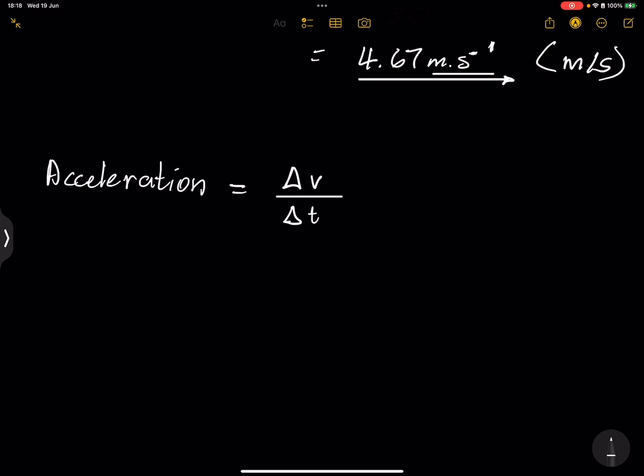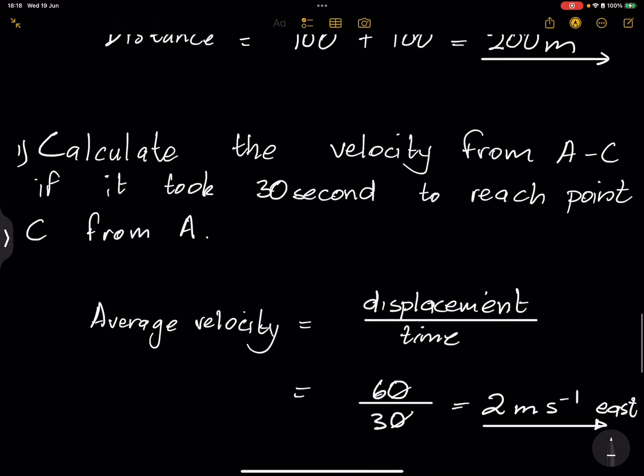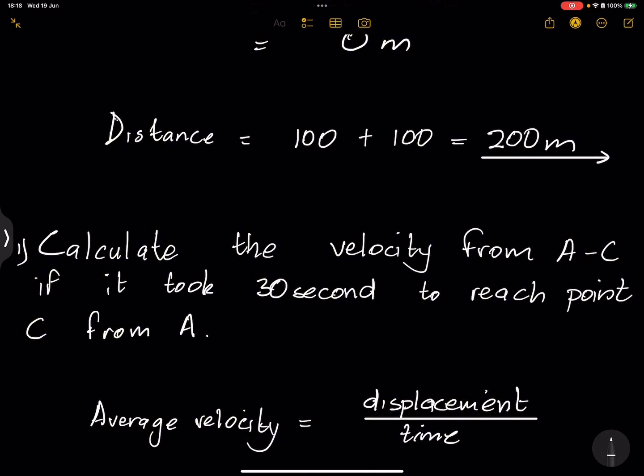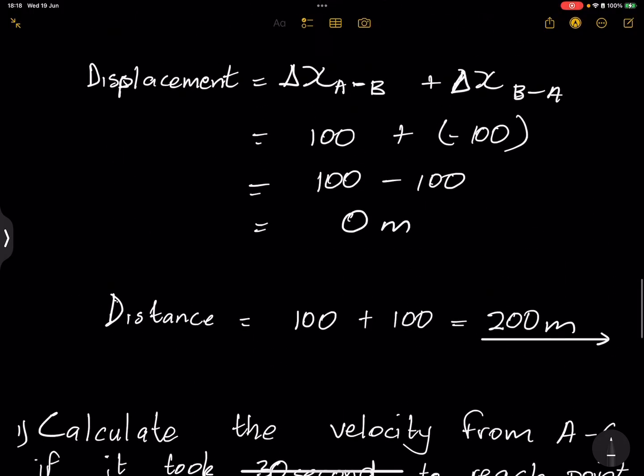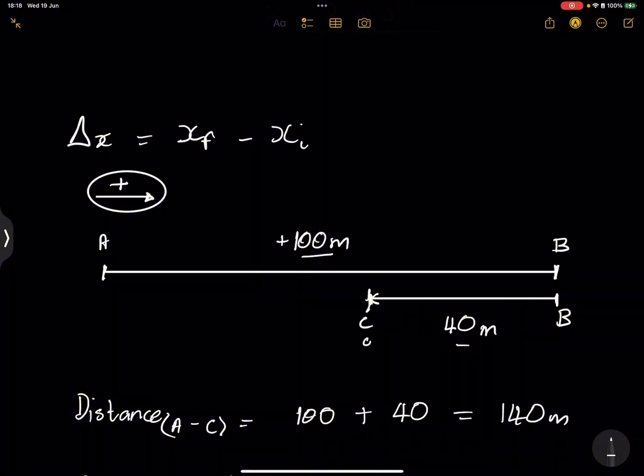Okay, so now let's consider, suppose that we said to you, calculate the average acceleration, right? Let's say we got to point C at a velocity of 2 meters per second, when we would have started from rest.